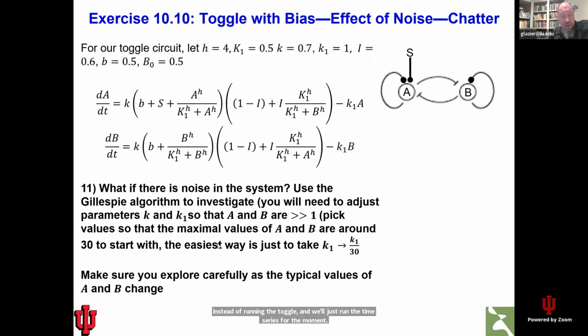And substitute, instead of saying simulate, Gillespie. And the easiest thing to do is to start with the initial values of A and B of around 30, and to keep the equilibrium values around 30, make K1 about K1 over 30, whatever it was, smaller. And run that and see what happens.